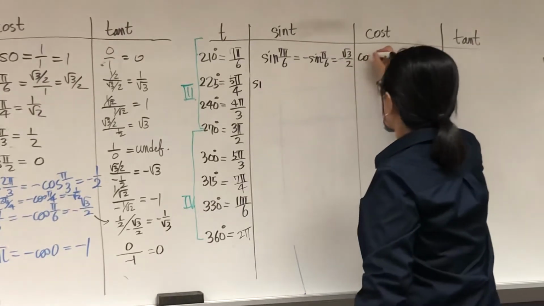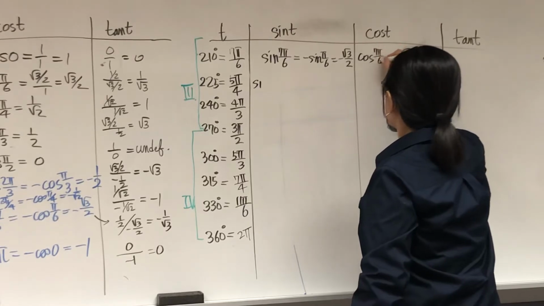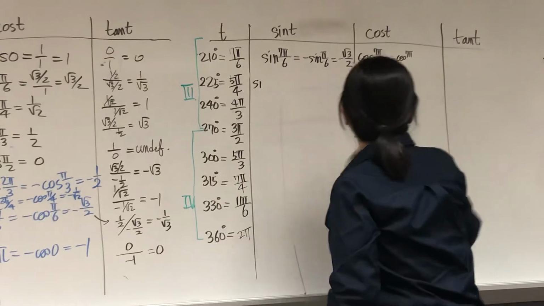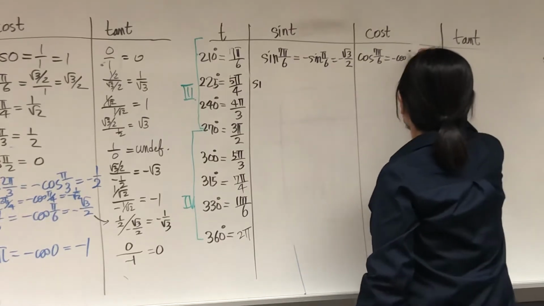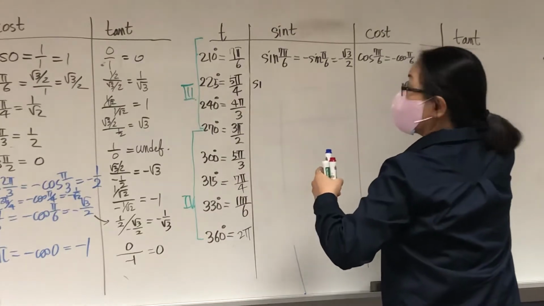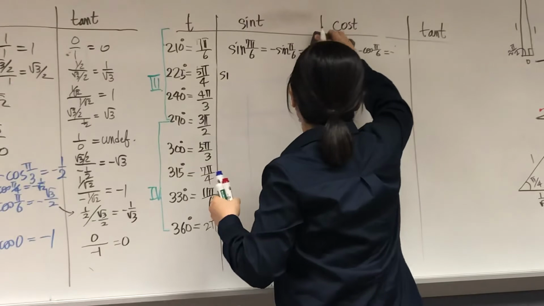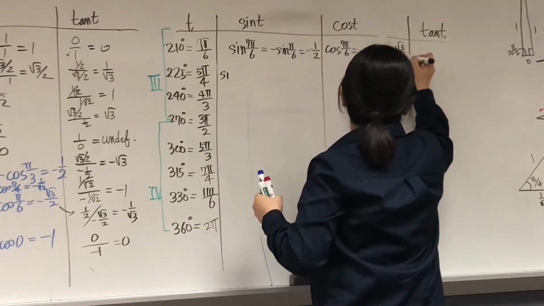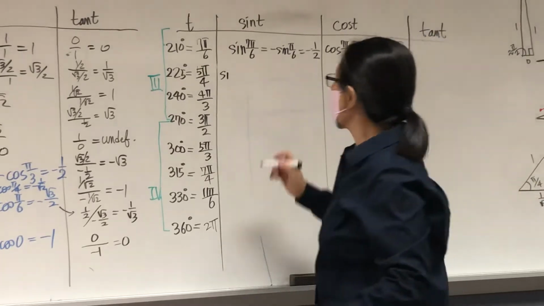Cosine 7 pi over 6 is what? Same thing. Reference angle is pi over 6. Negative, I'm sorry, negative square root 3 over 2.